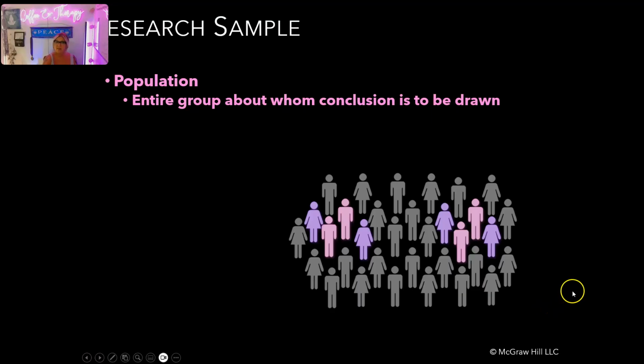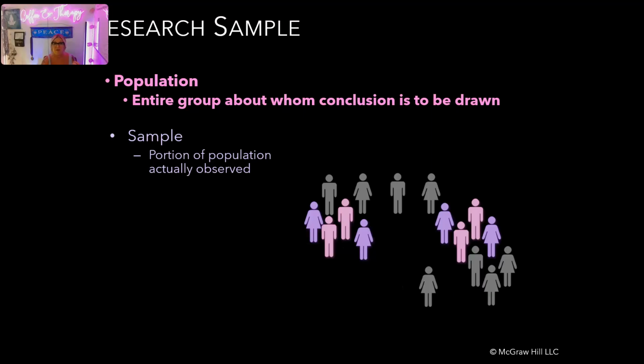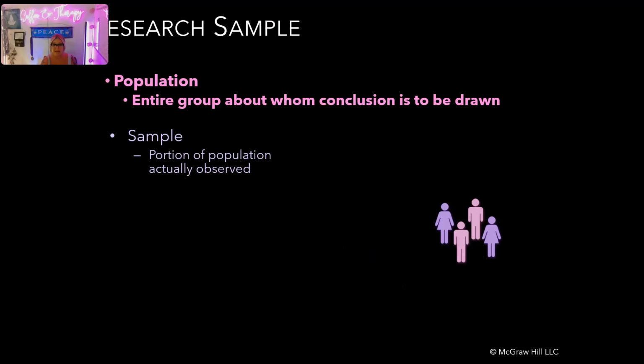All right, so in research, you need that sample. Population, when we look at the population, that's the entire group about whom the conclusion is to be drawn. Men, women, all, it's the whole population. You have to have a sample, so that's the portion of the population that's actually being observed.